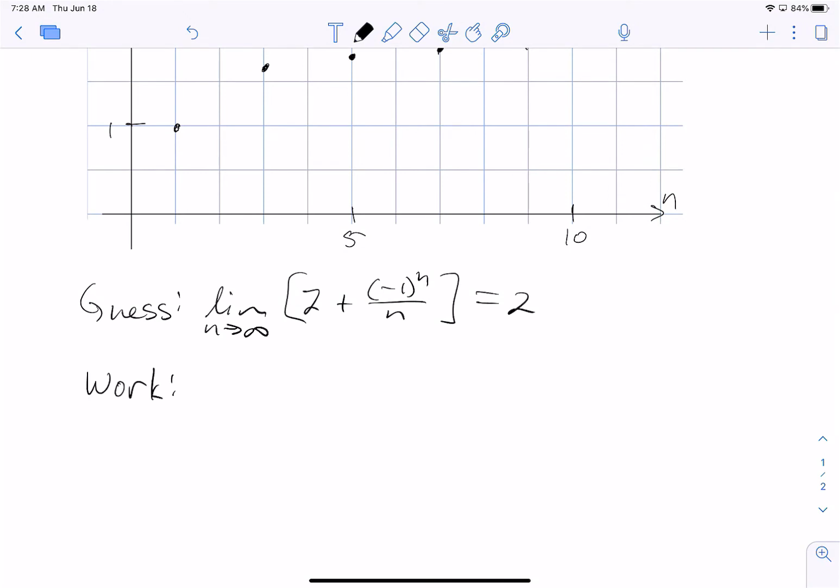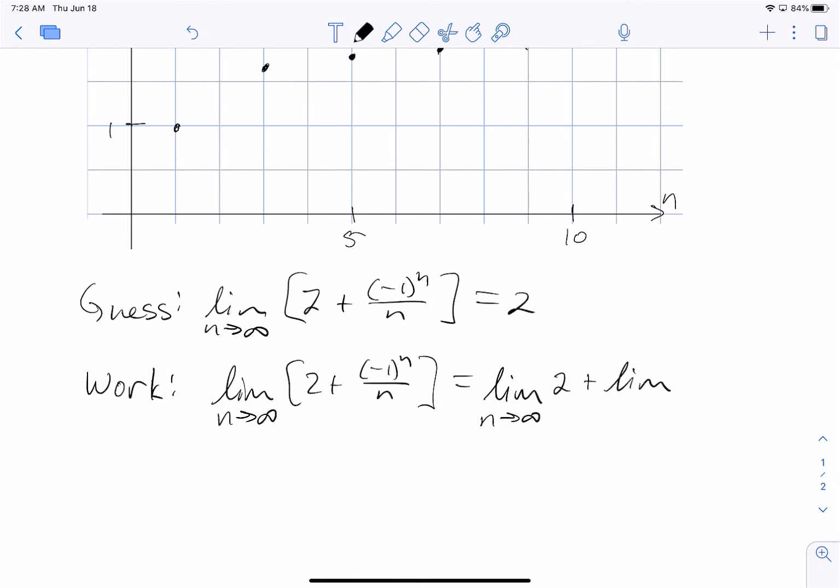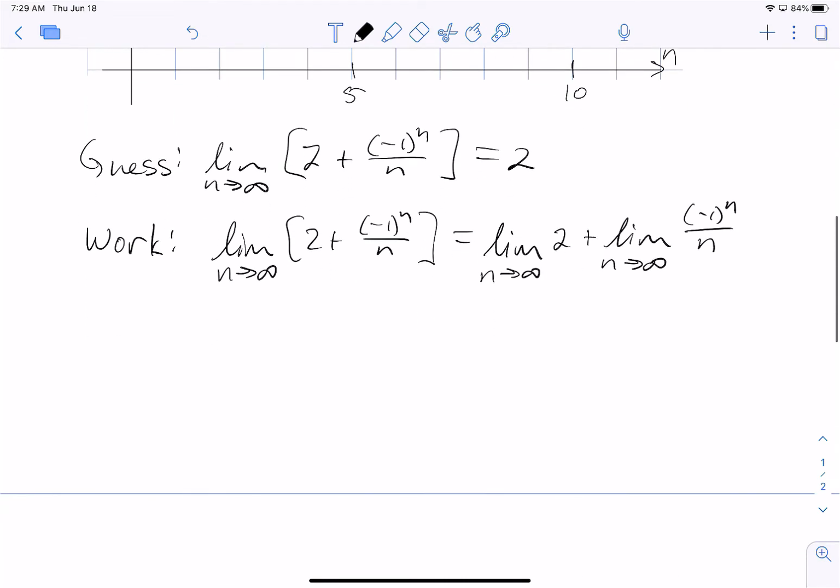And in this case, the work is going to be to split up the limit using a property of limits. The limit as n approaches infinity of 2 plus negative 1 to the n over n is the limit as n approaches infinity of 2 plus the limit as n approaches infinity of negative 1 to the n over n, if both limits exist.